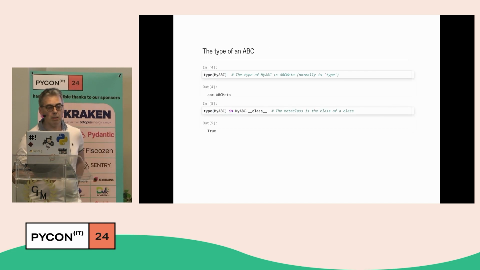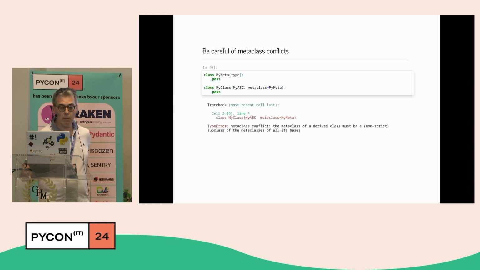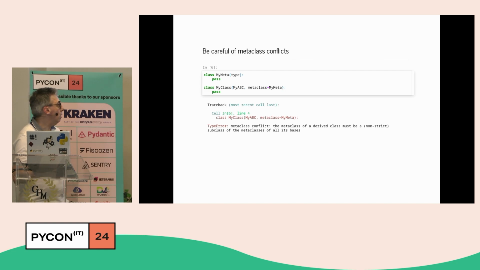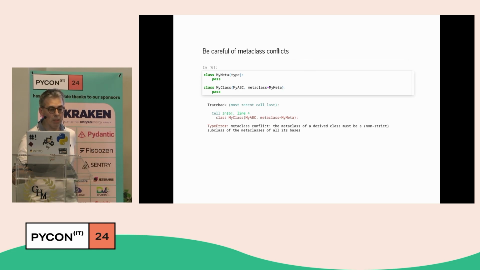The type of an ABC is not the basic type for objects, it is ABCMeta, for those who have never worked with metaclasses. Be careful of metaclass conflicts. If you have to use them, you have to be careful in defining your own metaclass. Better to derive your own particular metaclass from ABCMeta if you have to do that.